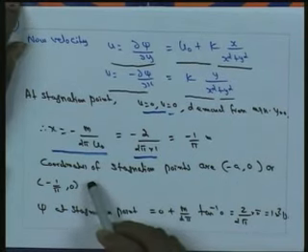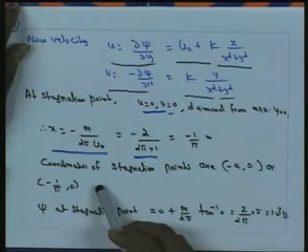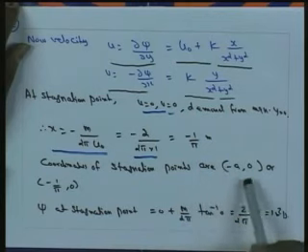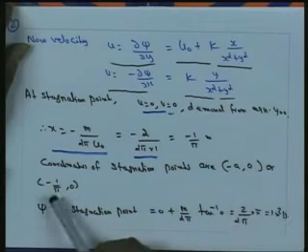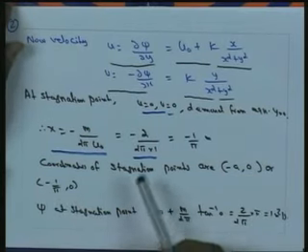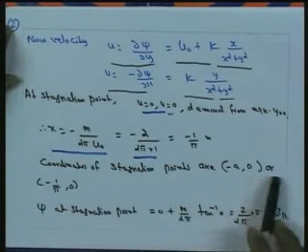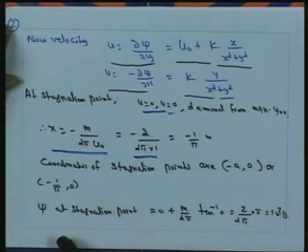So, now we want to determine the coordinates of the stagnation point. From this we will get the coordinates of the stagnation point as minus 1 by pi, 0.